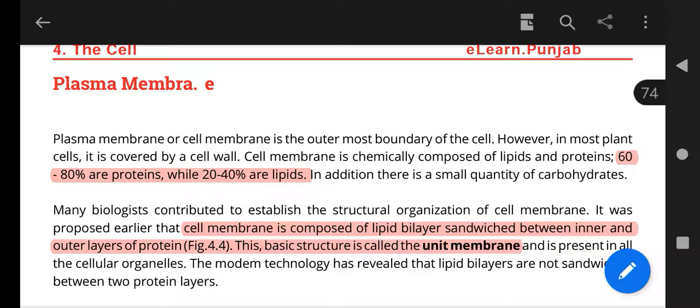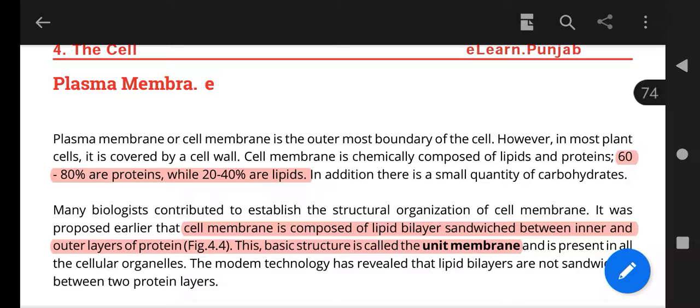It tells us that, as the name represents, there is a sea of phospholipids in which, like icebergs, the solid particles of membrane proteins are present. Actually, the cell membrane is composed of a sea of phospholipids in which the molecules embedded are the proteins. So these were the two models about the plasma membrane.